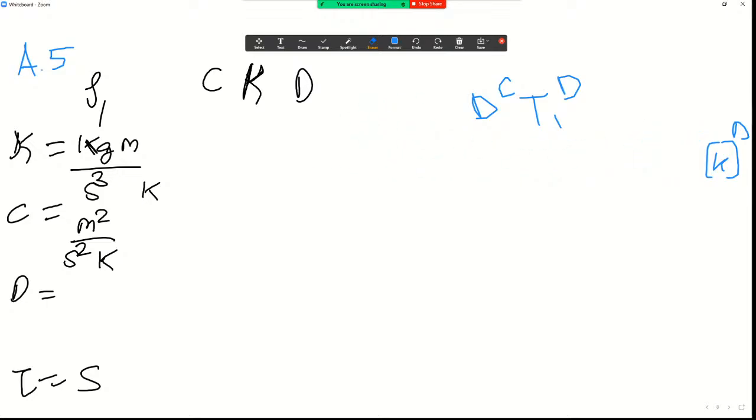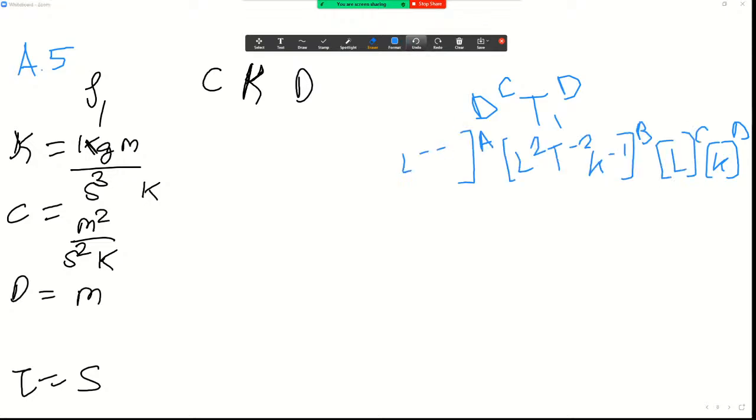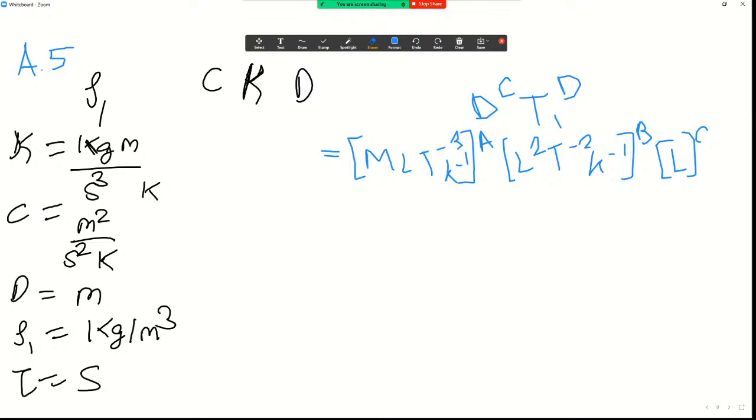Here only one change has occurred. Rho 1 equals kg per meter cube. So rho 1 and kappa should be inverse of each other, so as to cancel out kg.